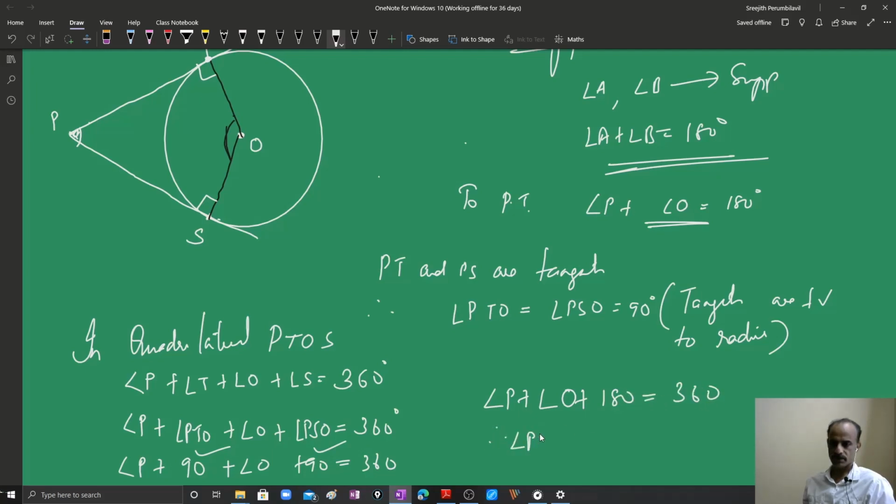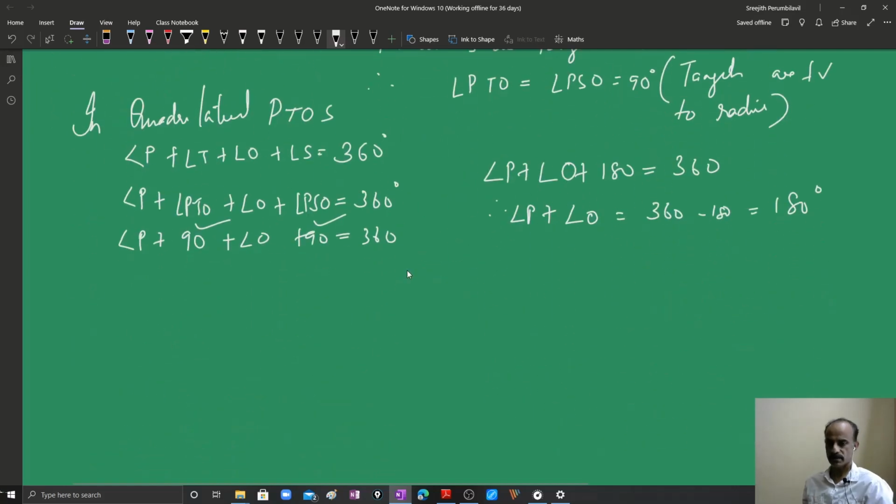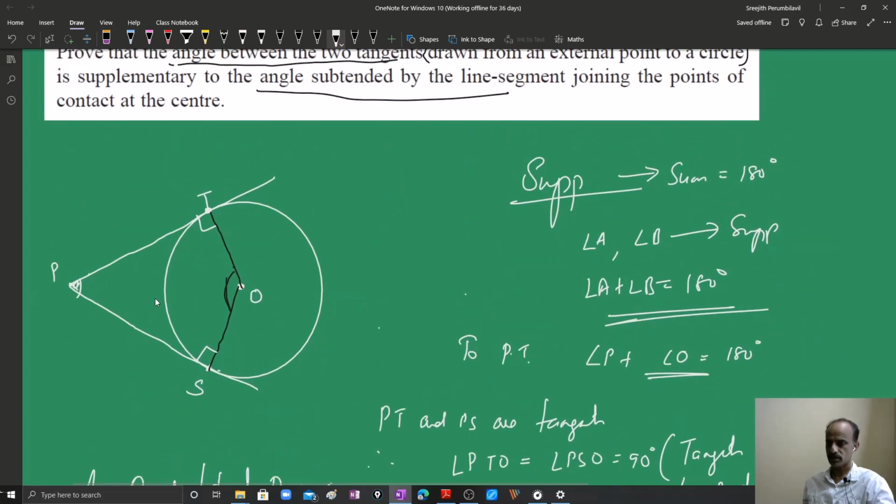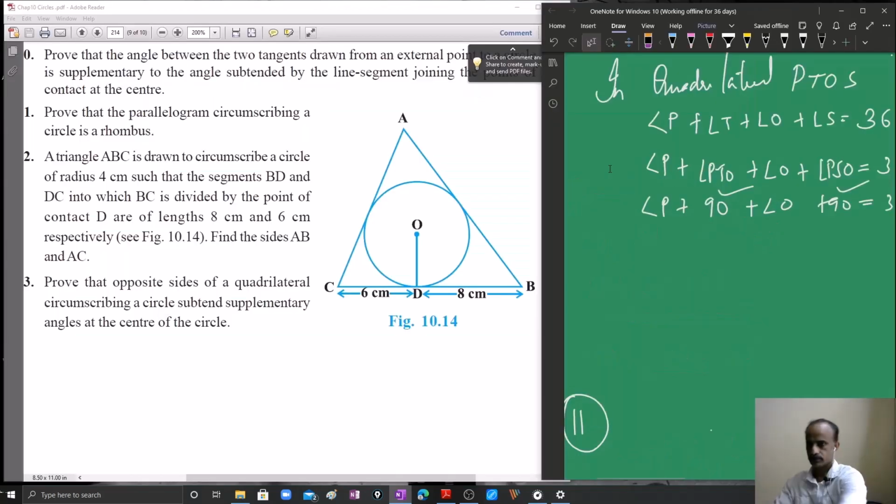Therefore, angle P plus angle O is equal to 360 minus 180, that is 180 degrees. The sum of the two angles is 180 degrees, therefore they are supplementary.